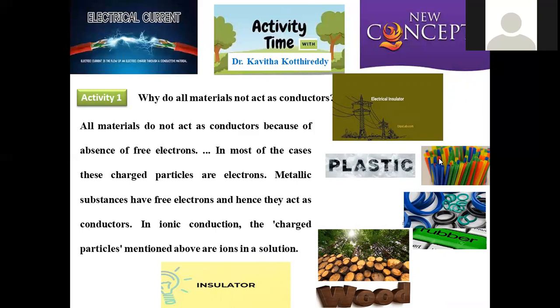That's the reason plastic is an efficient insulating material. Even rubber is regarded as an insulating material, and wood is also a good example of an insulating material where current passage may not be possible. When current is supplied to them, they are not able to pass it from one place to another. That's the reason these are regarded as non-conductors of electricity.